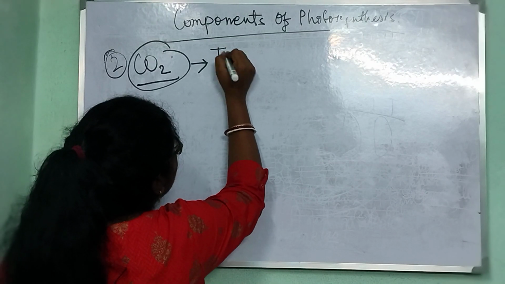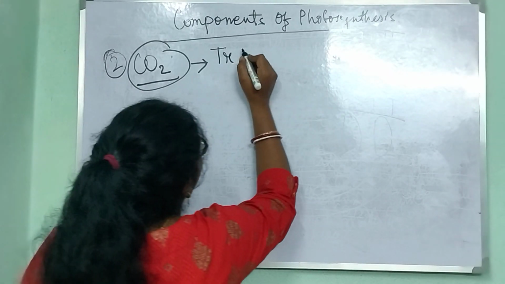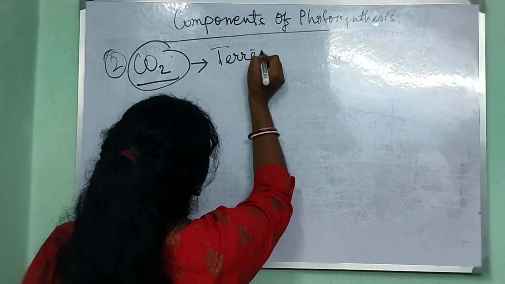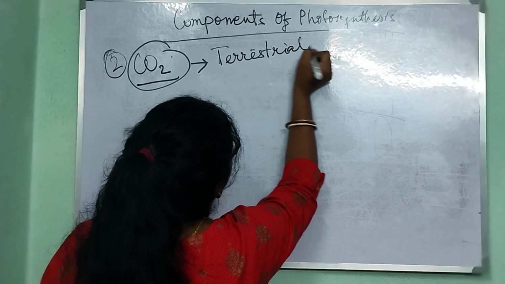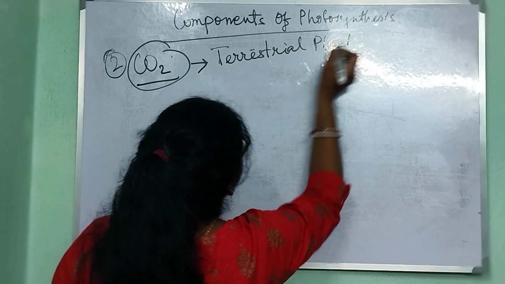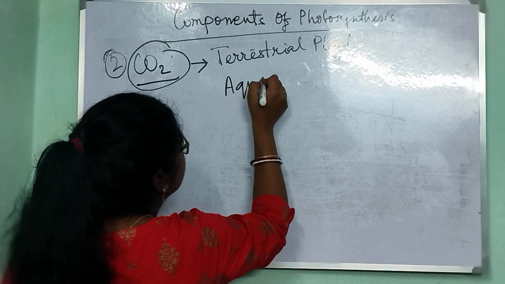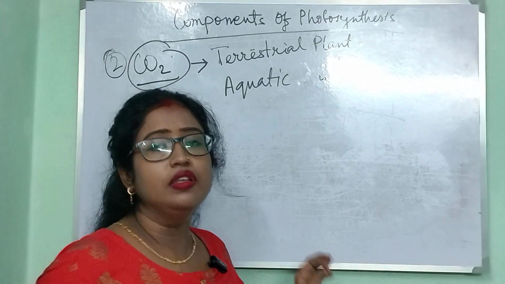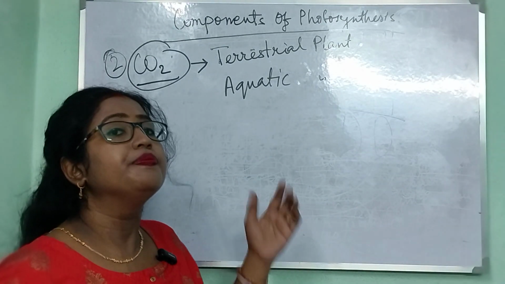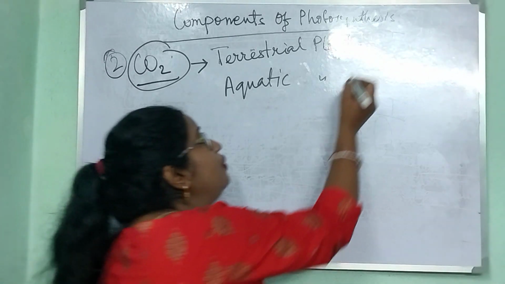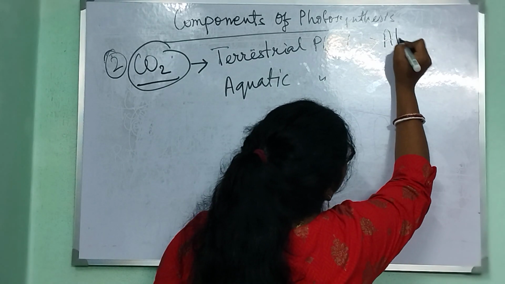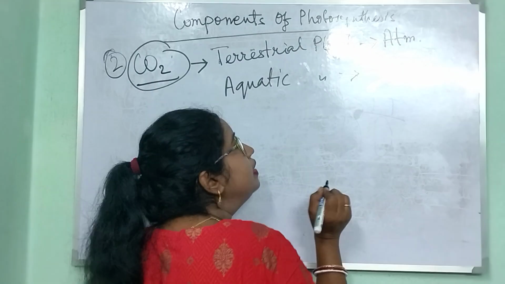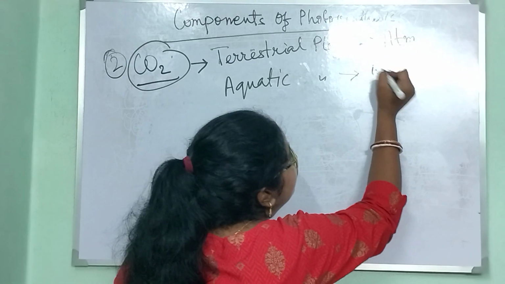We have two kinds of plants: terrestrial plants and aquatic plants. Terrestrial plants, or land plants, take CO2 directly from the atmosphere, and aquatic plants absorb CO2 from water.